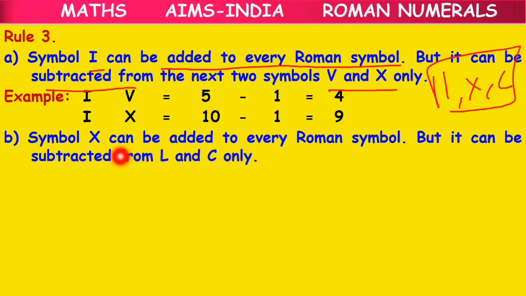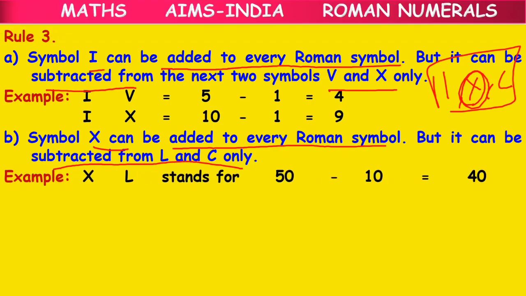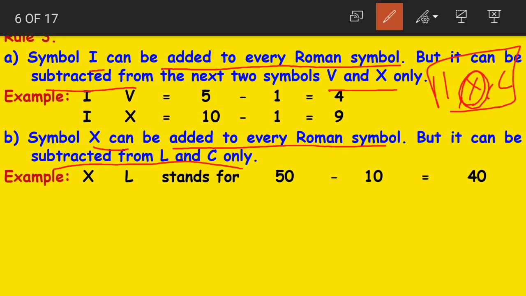The next one is symbol X can be added to every Roman numeral. Again, X can be added to every Roman symbol, but it can be subtracted from L and C only. Okay, L and C only. Like here, XL. X is equal to 10, L is equal to 50. Now this is the smaller number and this is the greater number.